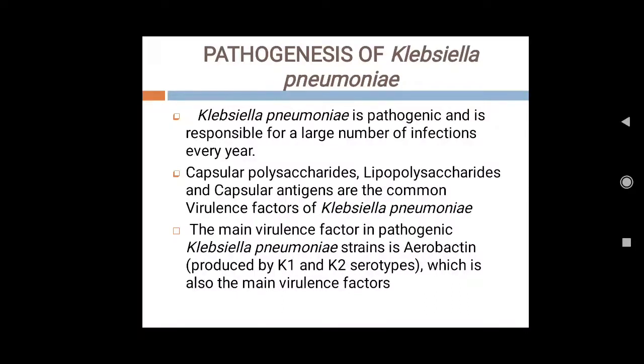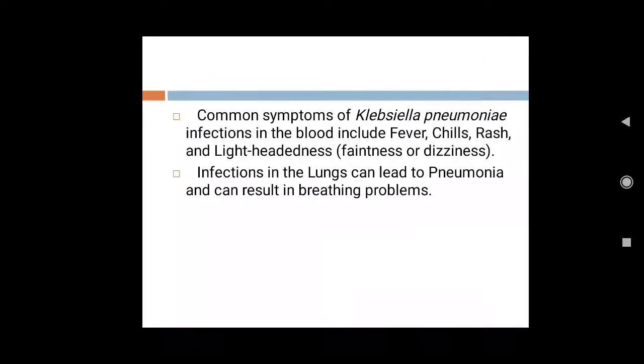Common symptoms of Klebsiella pneumoniae infection in the blood include fever, chills, rash, lightheadedness, faintness, or dizziness. Infection in the lungs can lead to pneumonia and can result in breathing problems.